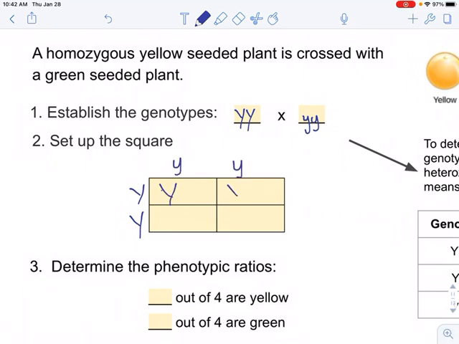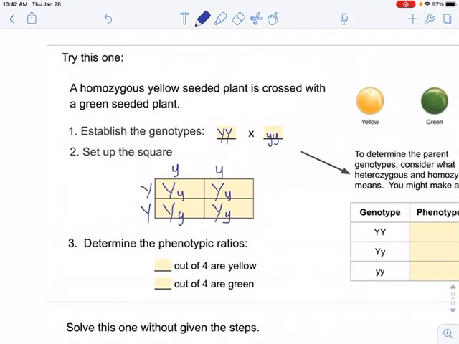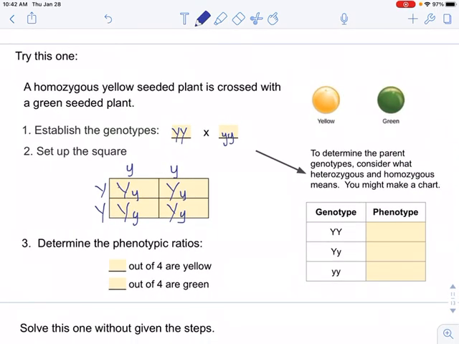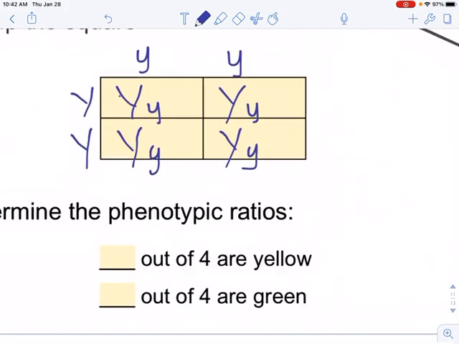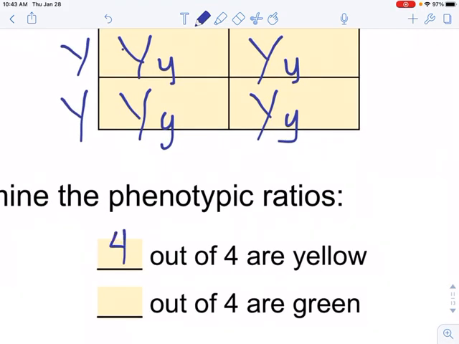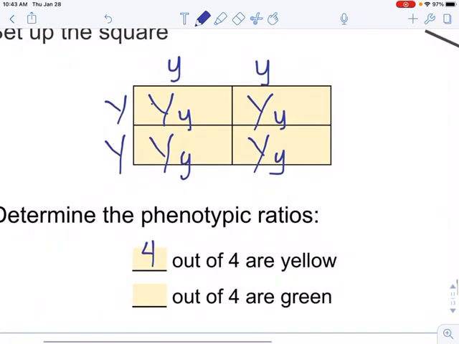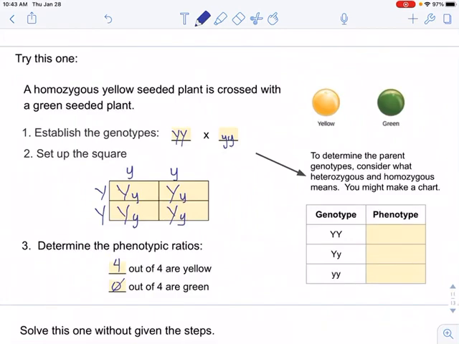We carry our big Y's over into the boxes next to them, carry our little y's down into the boxes underneath them. And how many of these are expected to be yellow? Hopefully you said all 4, since all 4 of those boxes contain a dominant allele. So none of them are expected to be green.